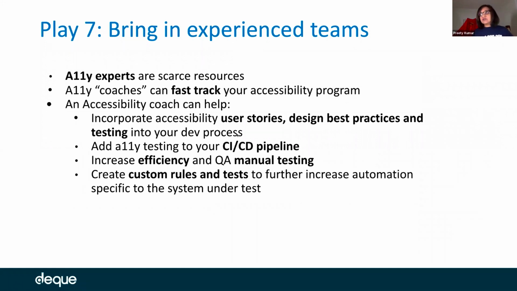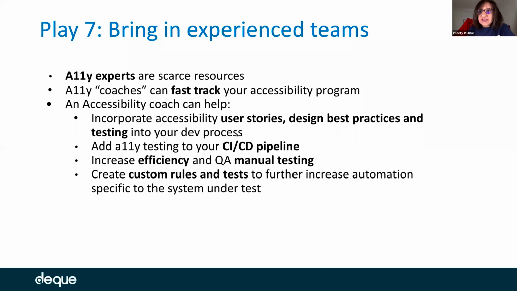Play number 7, bring in experienced teams. Well, this does sound a little bit self-serving perhaps, but not at all, actually. Here's the fact. There are so many open positions for accessibility experts right now that they're very scarce resources, and very much in demand. Accessibility coaches, which is very similar to an Agile coach, can help you fast track your accessibility program.